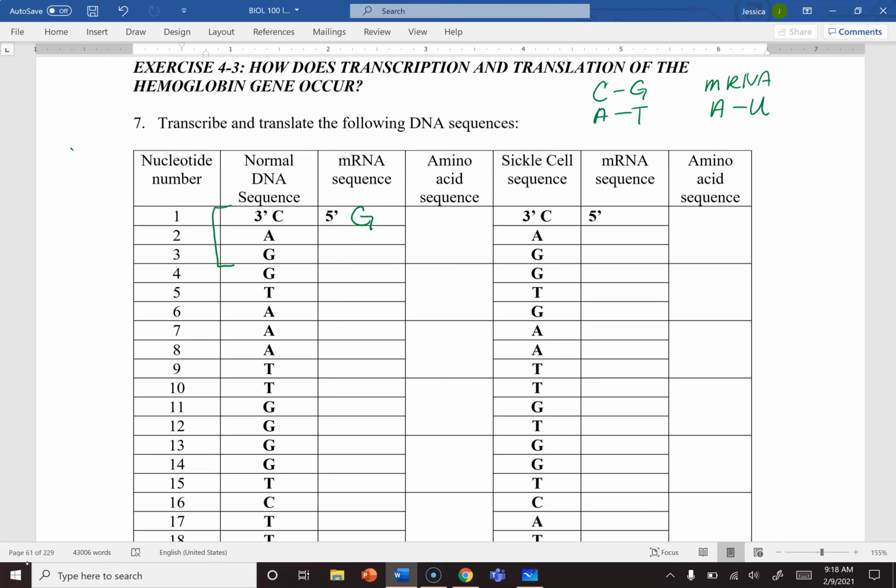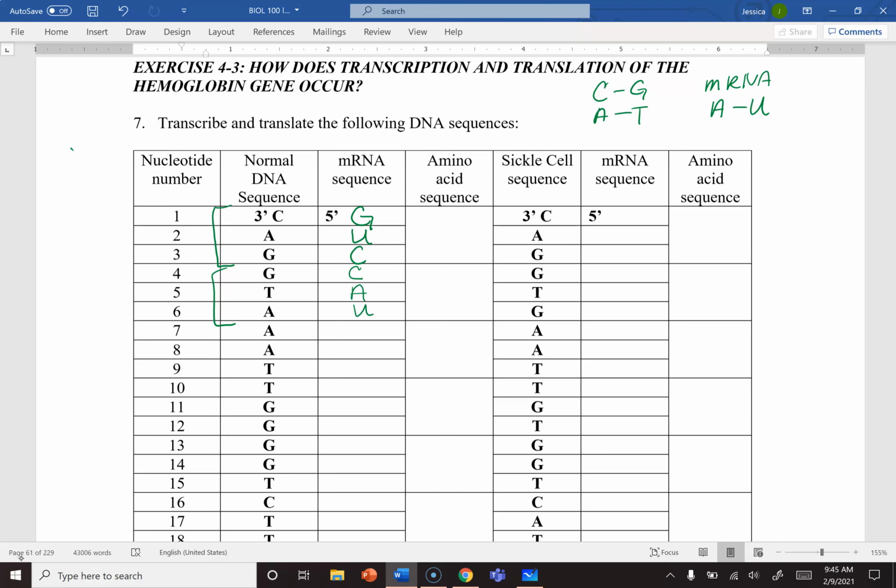If we have an A in our normal DNA sequence, we add a U in our messenger RNA. If we have a G, we add a C. I'm going to do the second one as well. If we have a G, we put in a C. If we have a T, remember the T's complement is A, A's complement is U. I'm not going to finish this mRNA sequence, I'll let you do that.